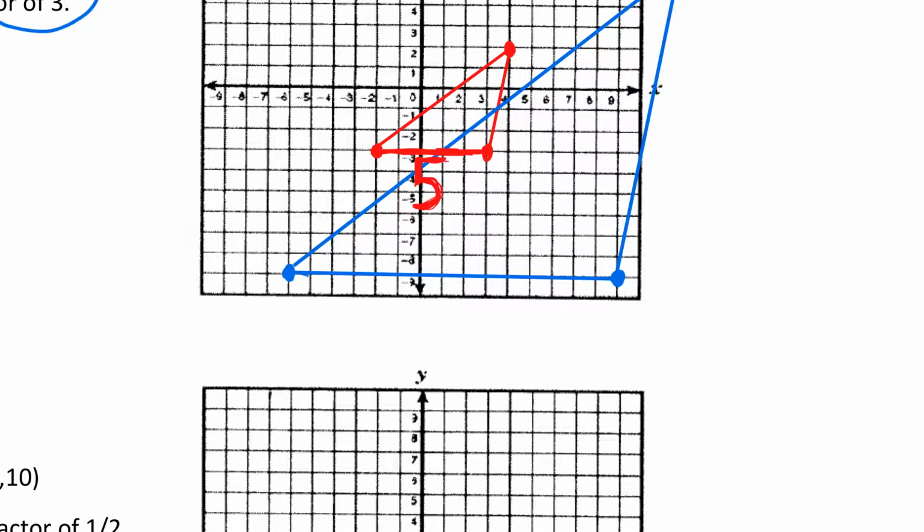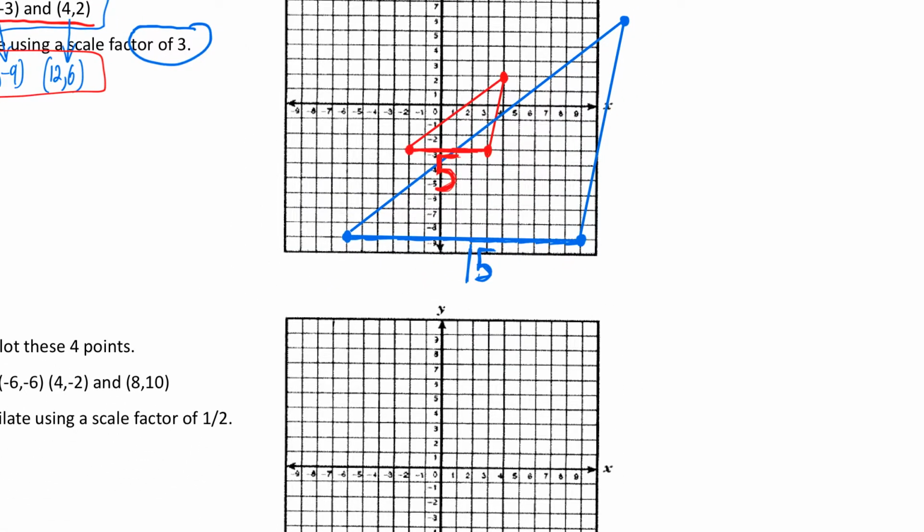So if we count here, it's 1, 2, 3, 4, 5, 6, 7, 8, 9, 10, 11, 12, 13, 14, 15 units. So it went from 5 to 15.